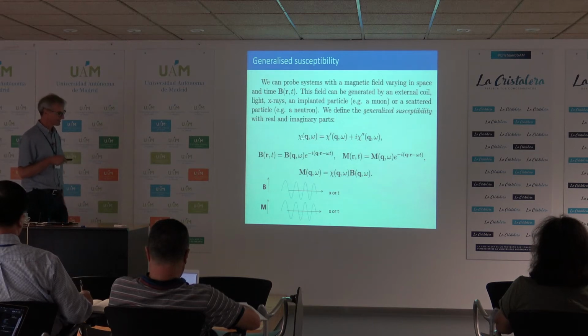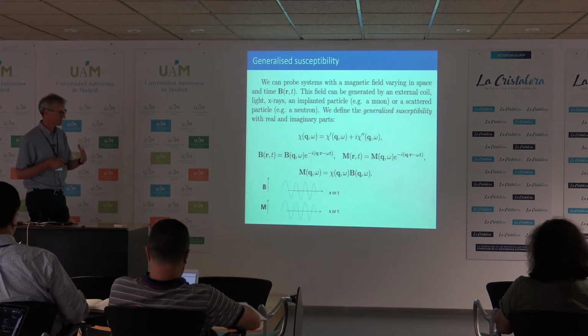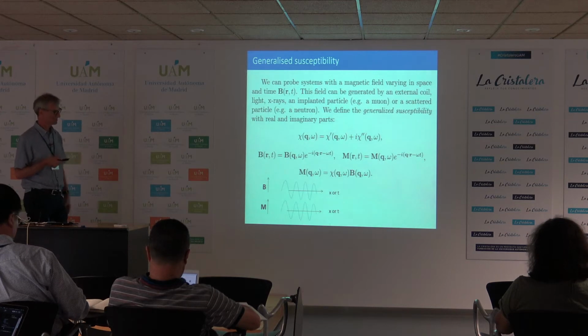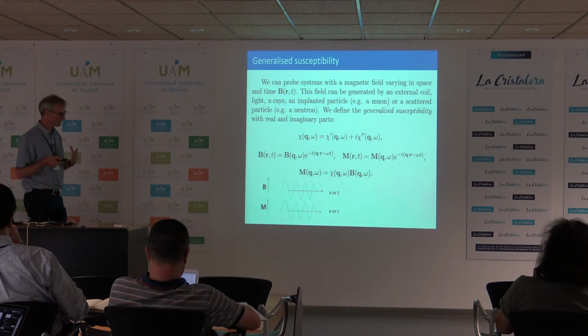Then we formulate things in terms of that susceptibility. Of course, it's hard to create an arbitrary one in a lab. You can have a photon, which would be a particular type of time-varying field. But the neutron allows you to create anything you want effectively, and look at this.